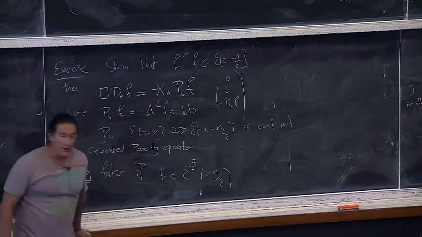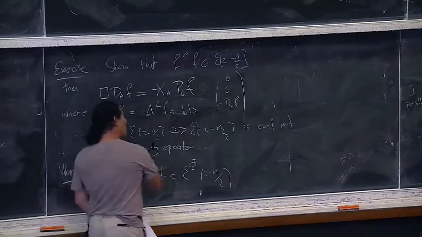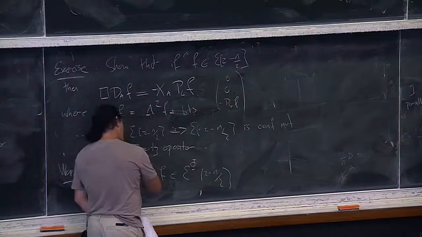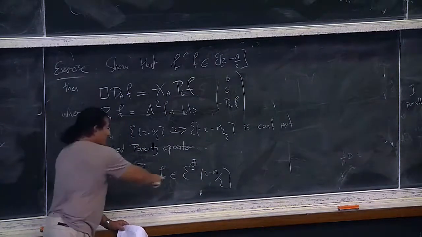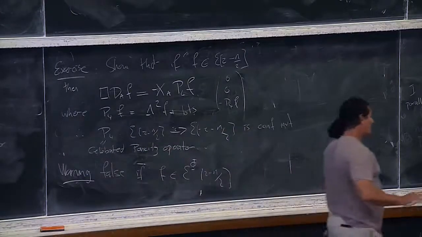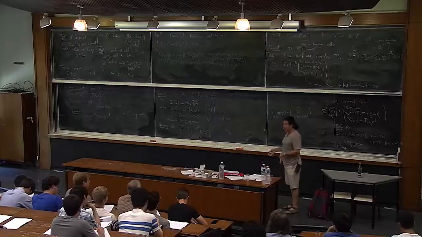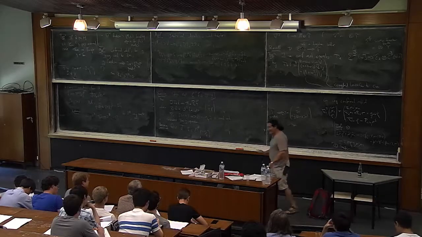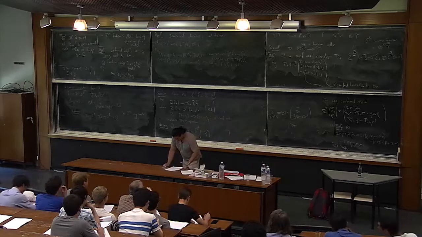So don't think this is all just stupid calculations, because there's quite subtle stuff going on here. If this did work with tractor indices, it would lead to contradictions in mathematics. So it not only doesn't work, if it worked, you would prove the existence of operators that we can prove don't exist, things like that. All right, so some subtle things.